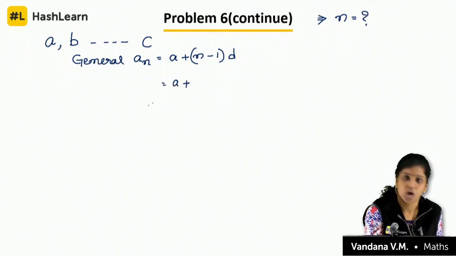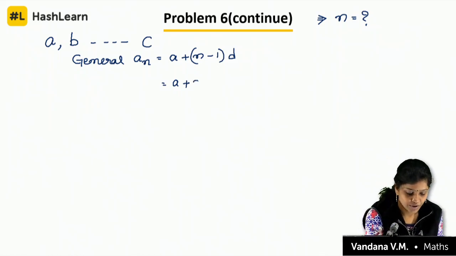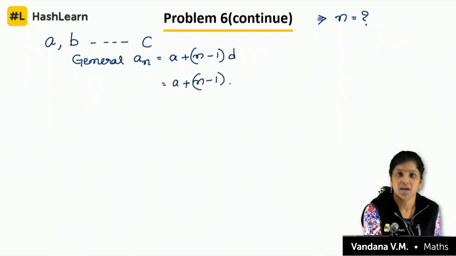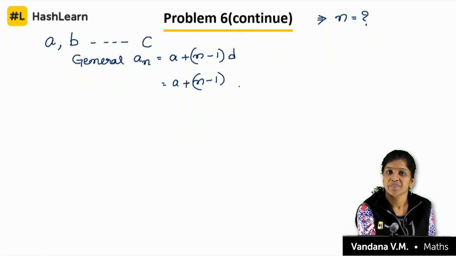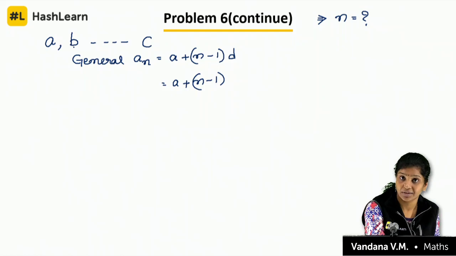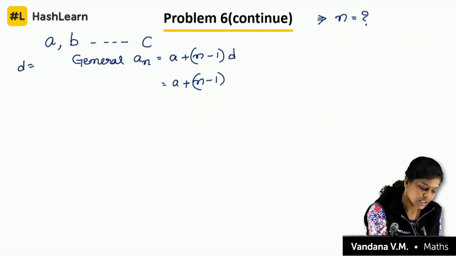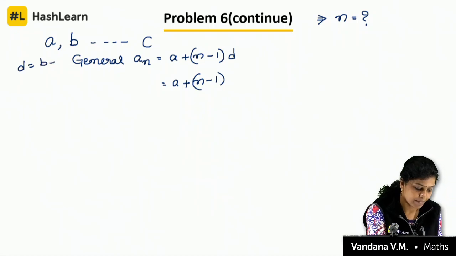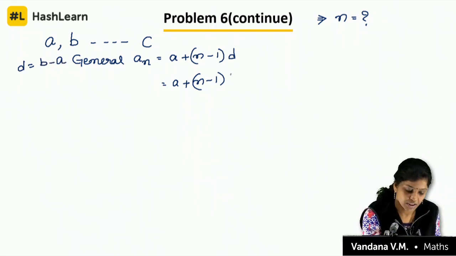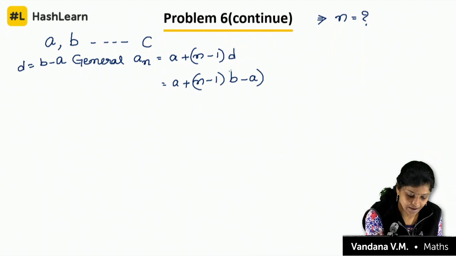A plus, how many terms are there? We don't know. So n minus 1 into d. D means common difference. Usually how do we find the common difference? Second term minus first term. So the common difference is b minus a.